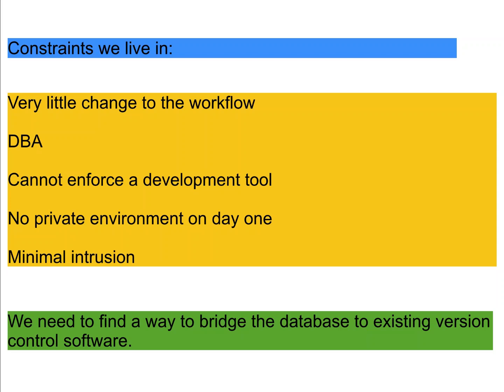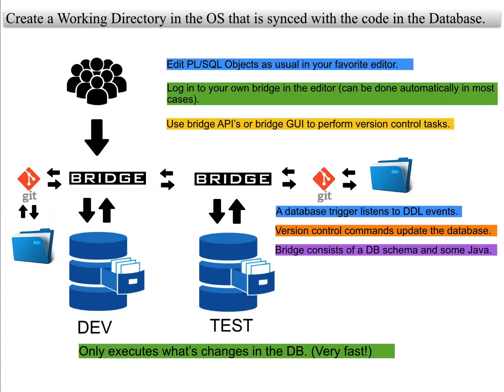So basically, we said, okay, we have to find a way to bridge the database with Git. That's the architecture we came up with. And here it is. So we assumed a world where multiple developers work in one database. That's just a fact.